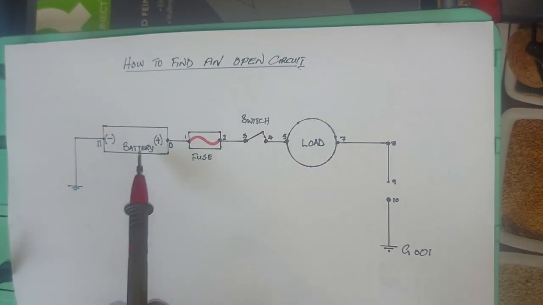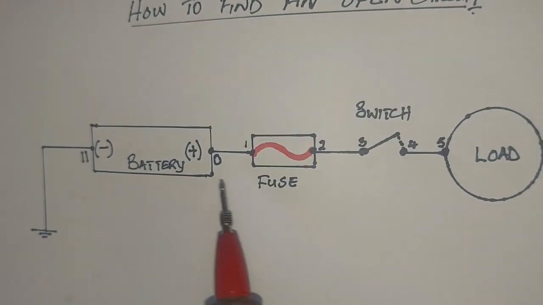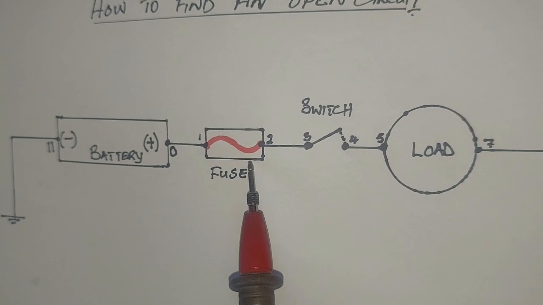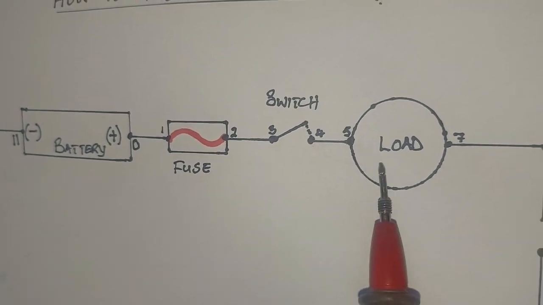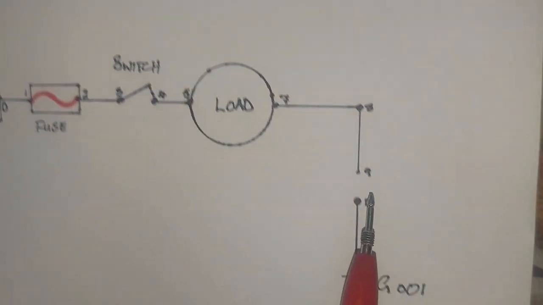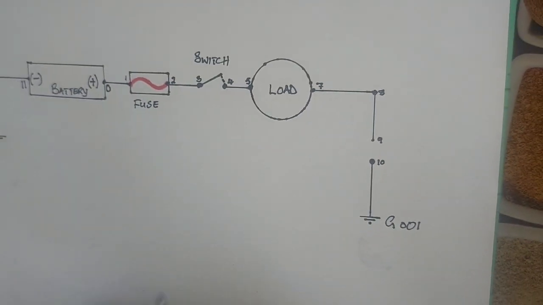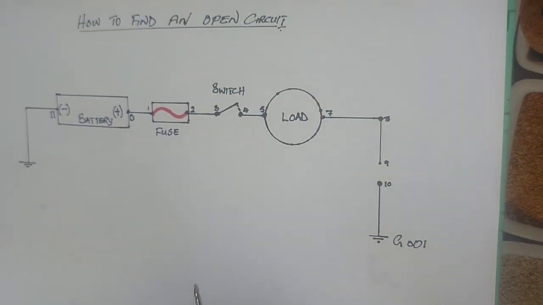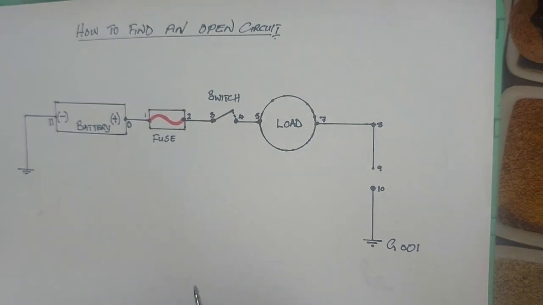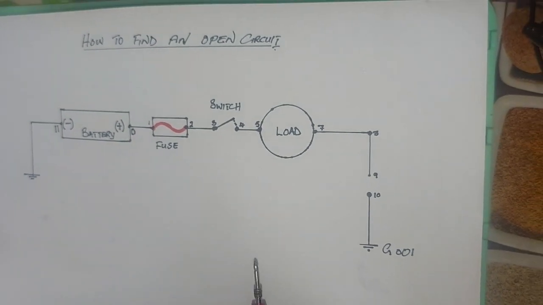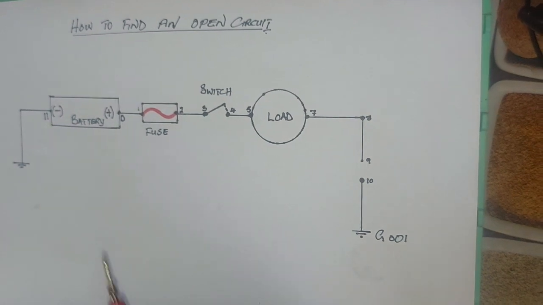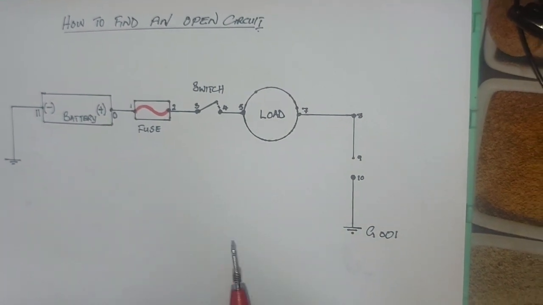So what we have is a battery here, and then we have a fuse, we have a switch, we have the load, and then we have the ground side. Here is what is important. You should be able to tell the distinction between your power side and your ground side.